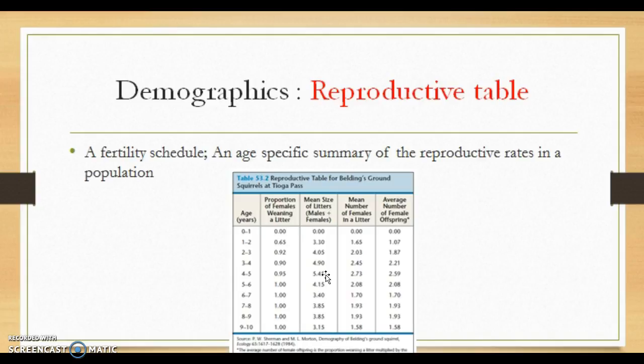And on the other end of that, can females produce litters when they're older than 6? Yes, they're just smaller litters than right at the peak. So this is what a reproductive table shows us. It shows us the sexual maturity range of females and litter sizes. We'll pick up with the next concept in our second video.